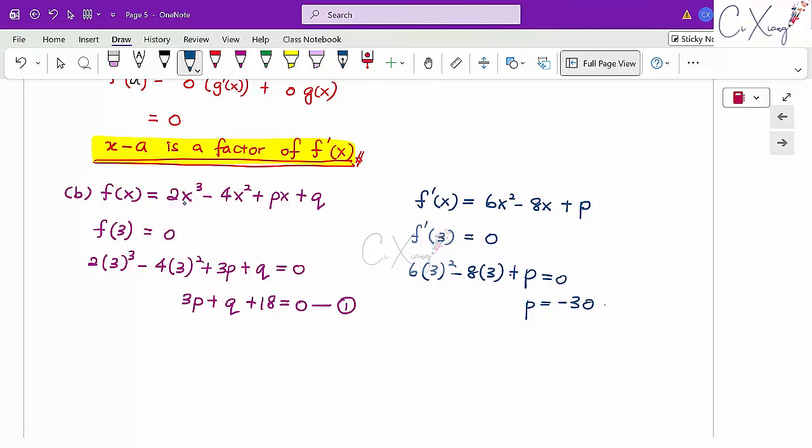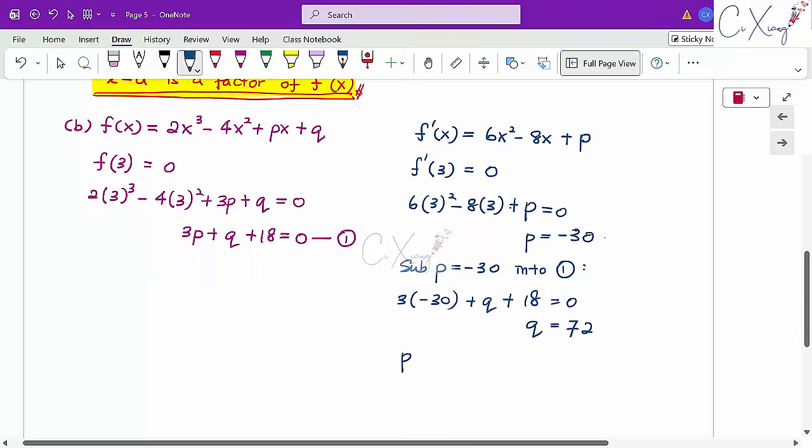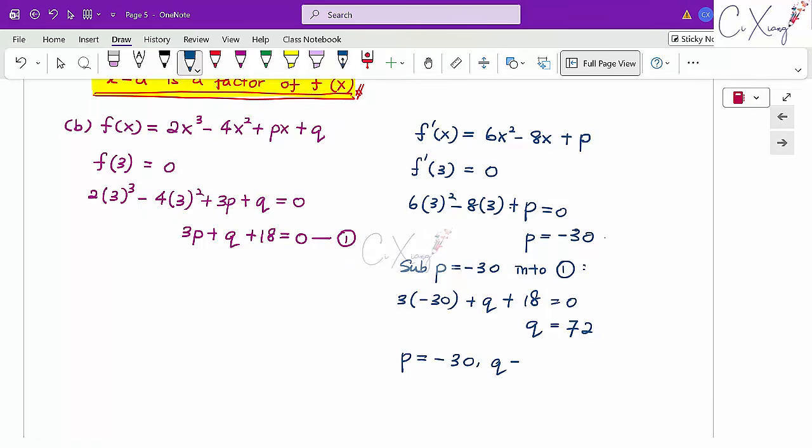After you get your p, you can get the q by substituting it into the first equation. So 3 times negative 30, plus q, plus 18 equals 0. The value of q that you should get here is 72, if I don't make any careless mistake. Alright, so rewrite the answer again: p is negative 30 and q is 72.